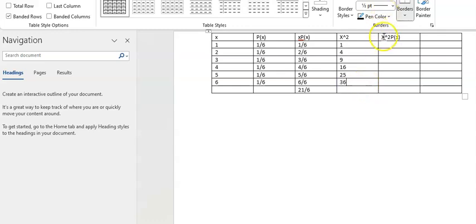All right, now I want to take x squared p(x). Now we've got to be careful that we want to multiply this column times the p(x) column, so we've got to be careful not to get that one.